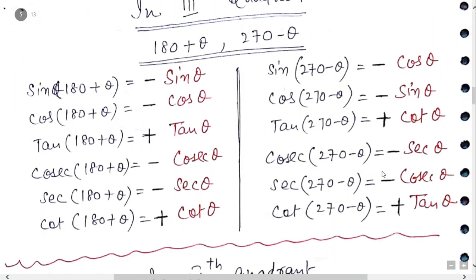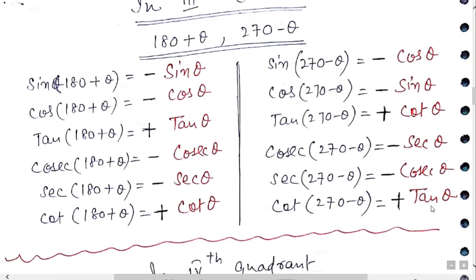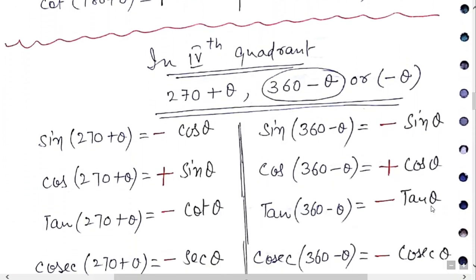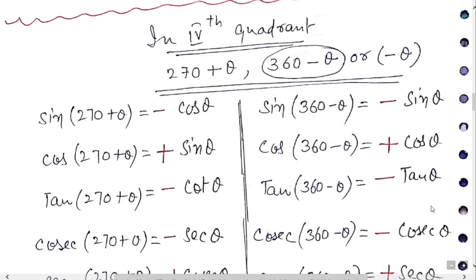Similarly, we can calculate for other quadrants. In third quadrant, tangent and cot are positive, all others are negative. Similar is the case here. And the second point is at 180 T ratio doesn't change, at 270 T ratio changes. Now the last quadrant, that is fourth quadrant, the angle may be 270 plus theta or 360 minus theta, but 360 minus theta can be written as minus theta.